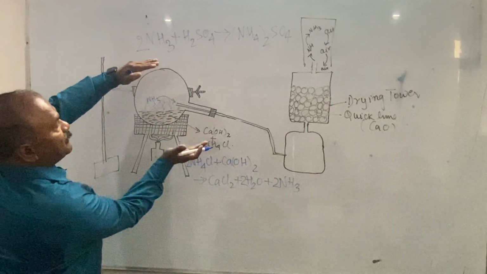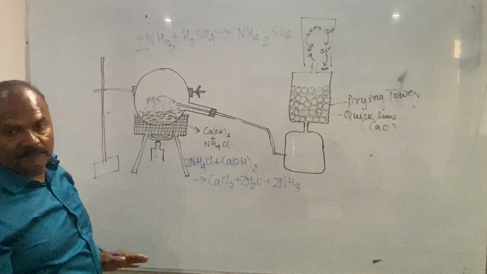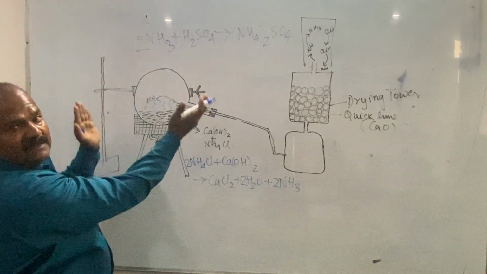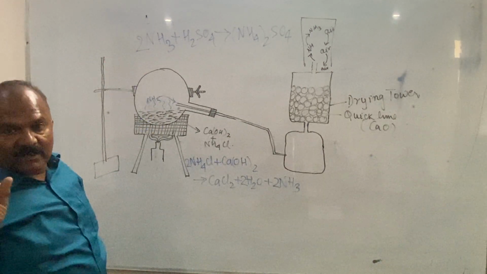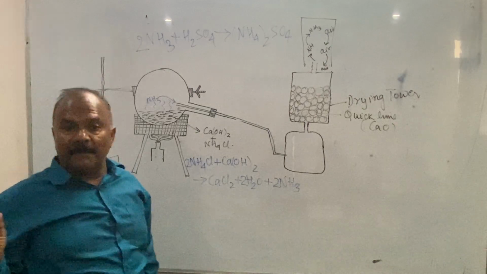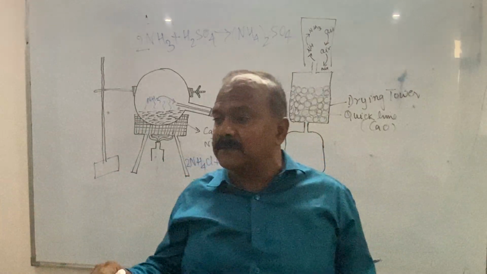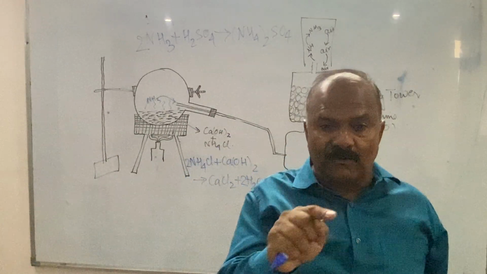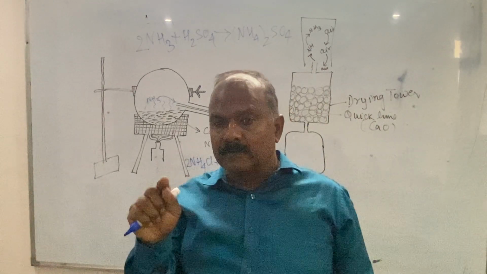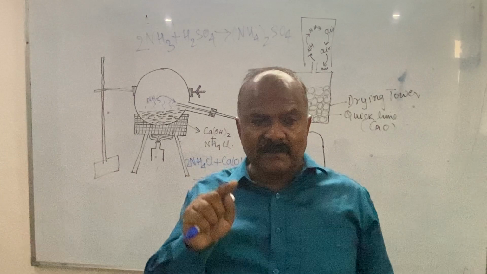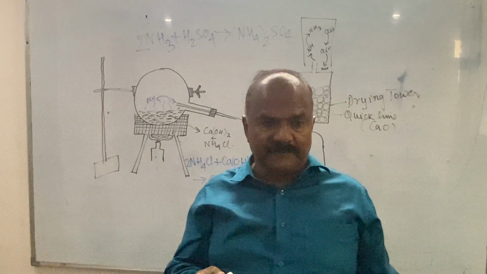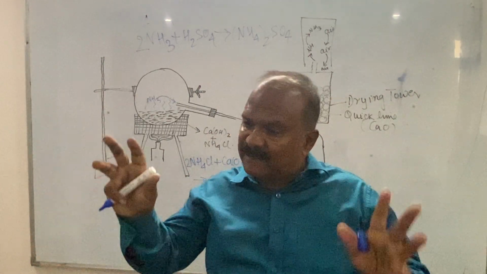Had the flask been in the upright position, in the vertical position, then the water vapor, when it will come in contact with the cooler part of the flask, will condense.